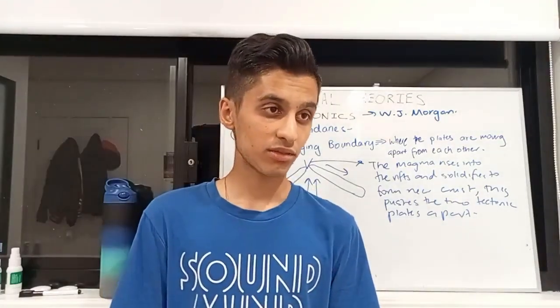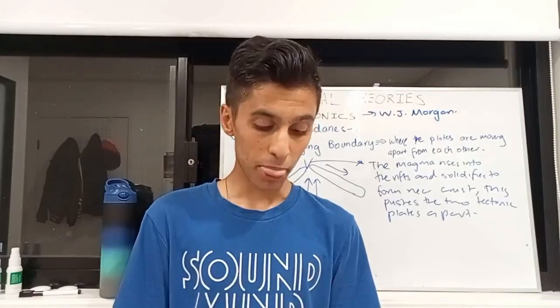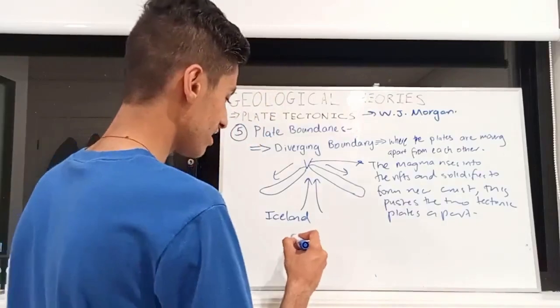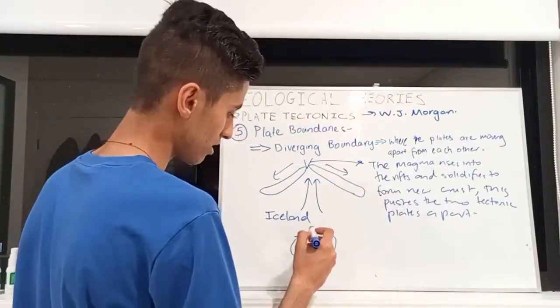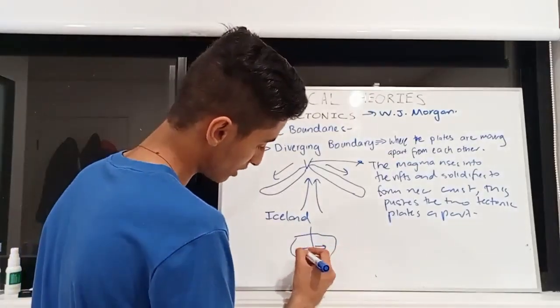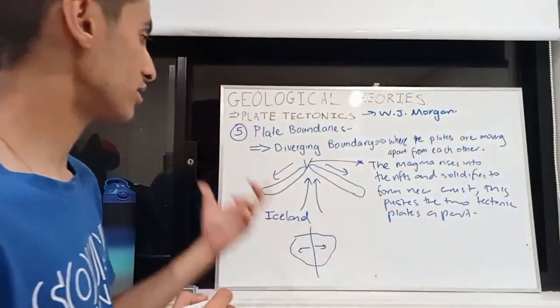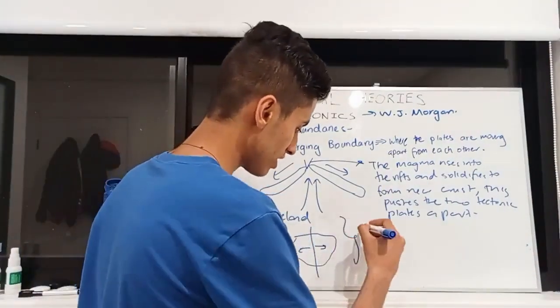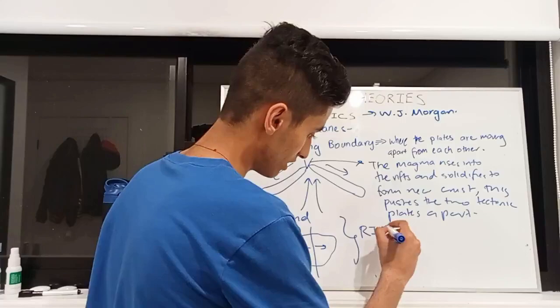In this case, Iceland, this is the mid-oceanic ridge going over Iceland, and it's breaking apart, it's spreading apart. So this is just your diverging boundary happening in Iceland, and this process is known as rifting.